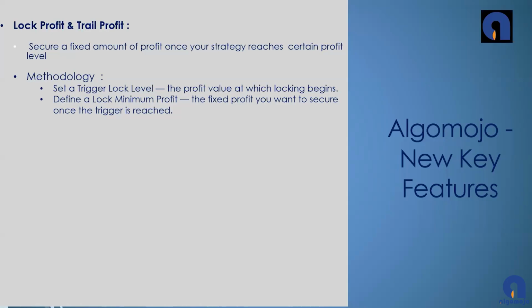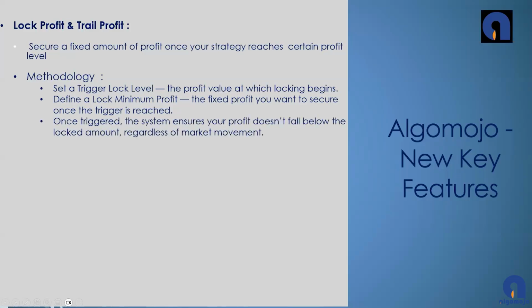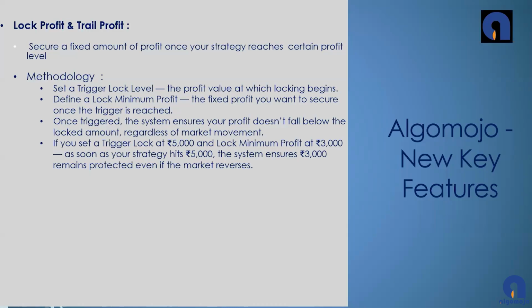If the profits come down to that level, all open positions in your system will be closed. That is a facility that we're still working on, and it will be made available shortly. Once you have set the triggers, the system will try to lock the kind of profit that you expect to take home.